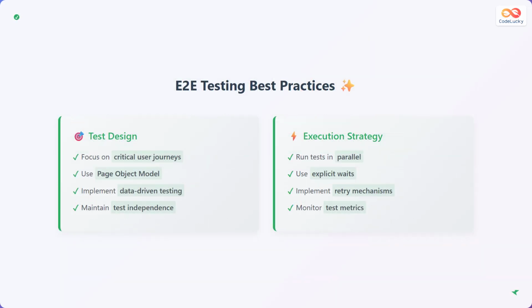Following best practices ensures your end-to-end tests are effective and maintainable. In test design, focus on critical user journeys that represent the most important business flows. Use the page object model to create reusable, maintainable test code. Implement data-driven testing to run the same test with different datasets. Maintain test independence so tests can run in any order without affecting each other.